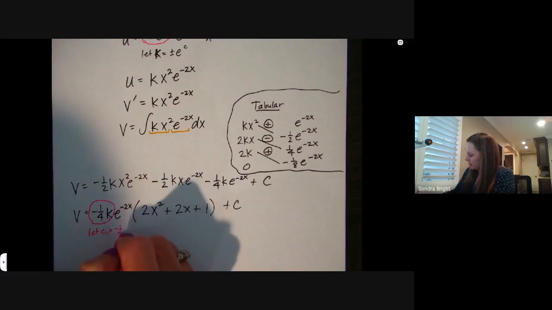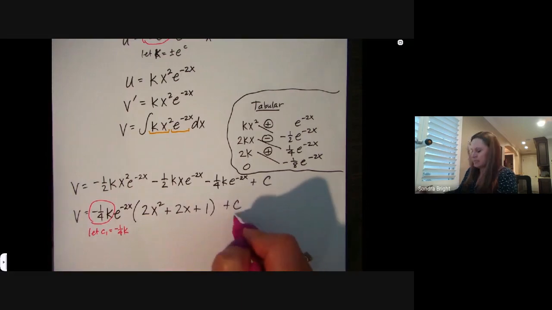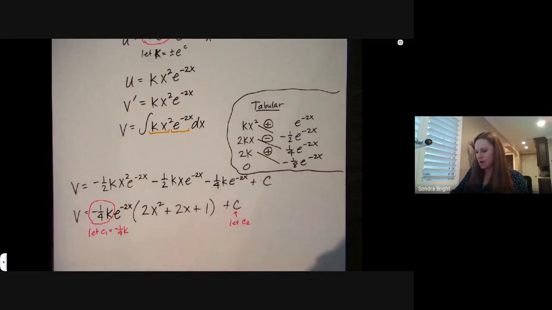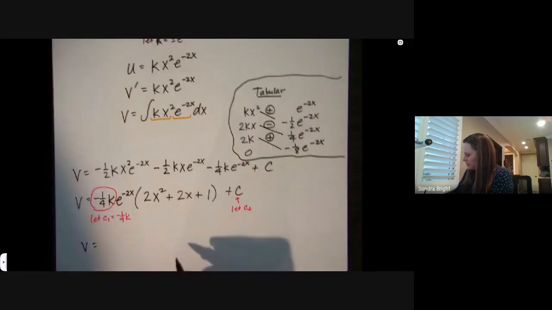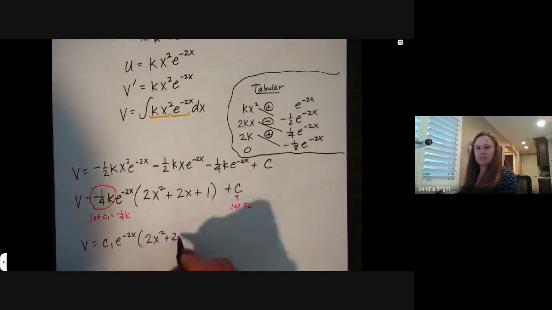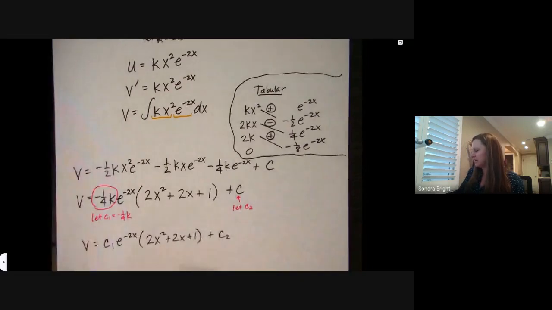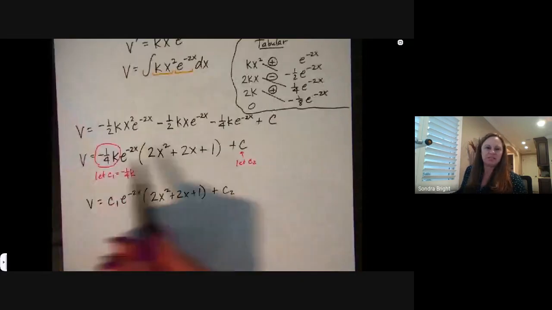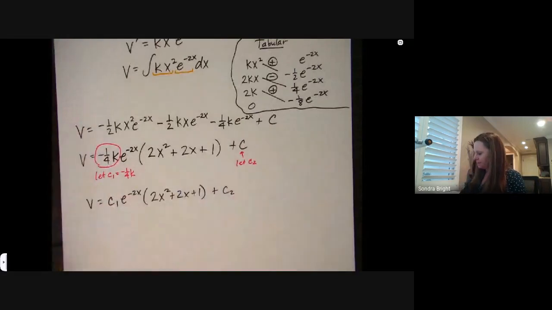And then I'm going to call this one C2. So my v is equal to C1 e to the negative 2x times the quantity 2x squared plus 2x plus 1, plus some other constant. Now, that's just what's typical. Instead of using two different letters, we use C1 and C2 to represent that they're constants, but different constants.